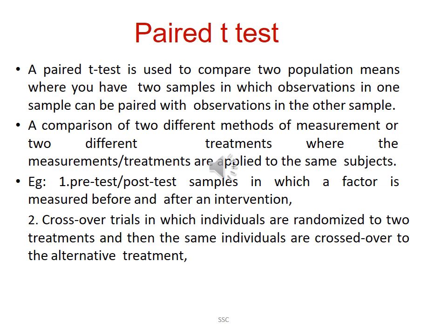For example, pre-test and post-test samples in which a factor is measured before and after an intervention. Crossover trials, in which individuals are randomized to two treatments and then the same individuals are crossed over to the alternative treatment.